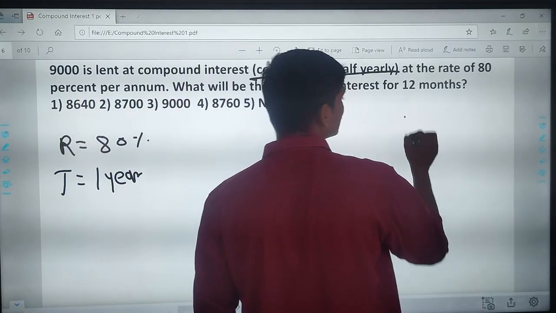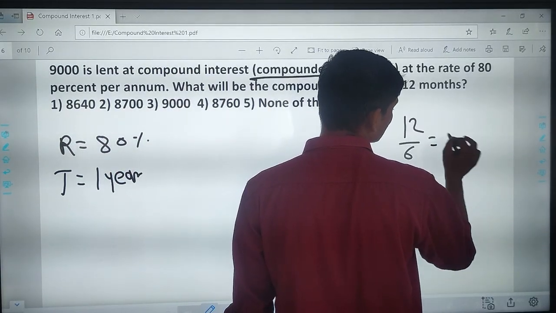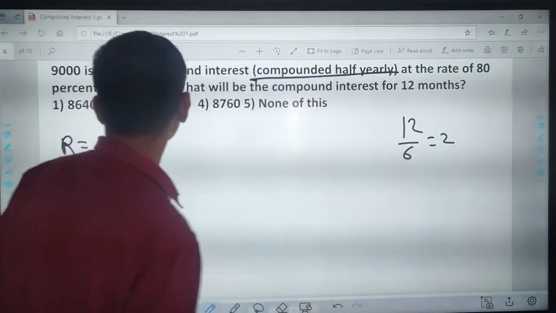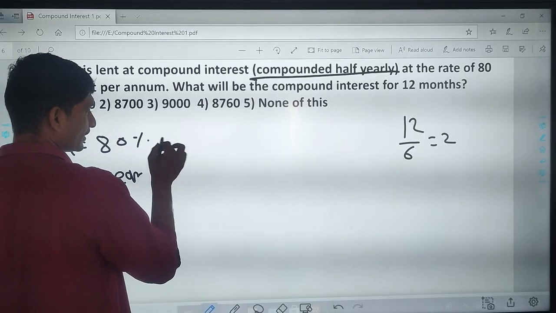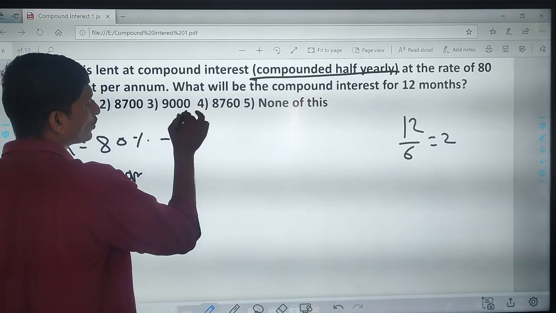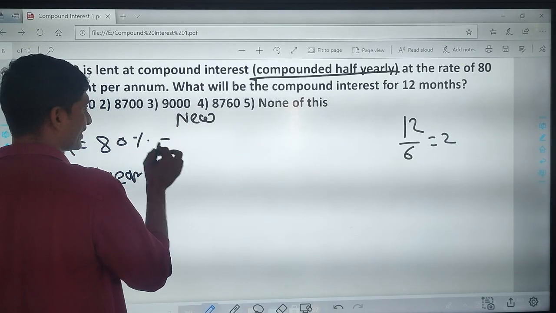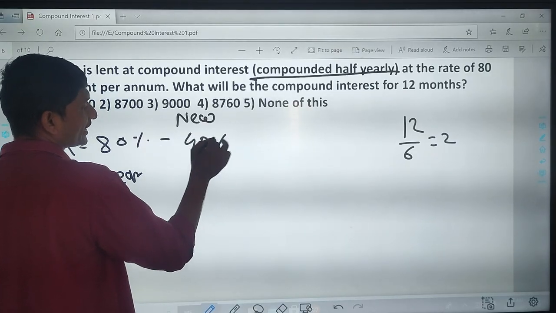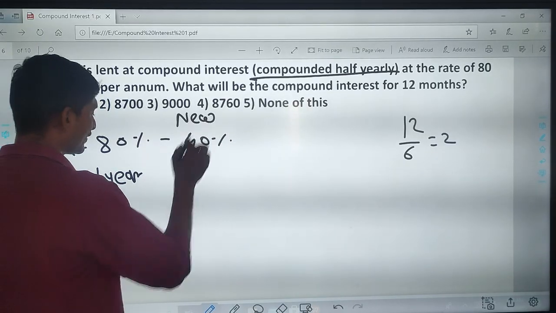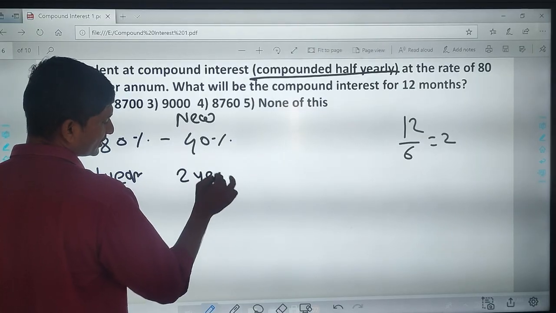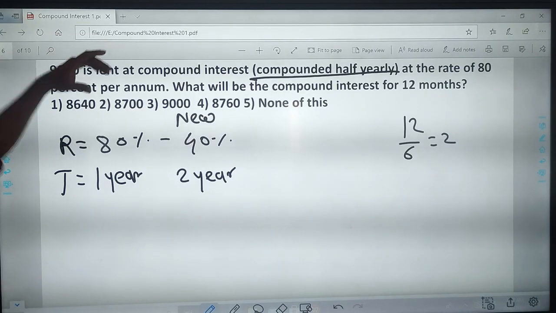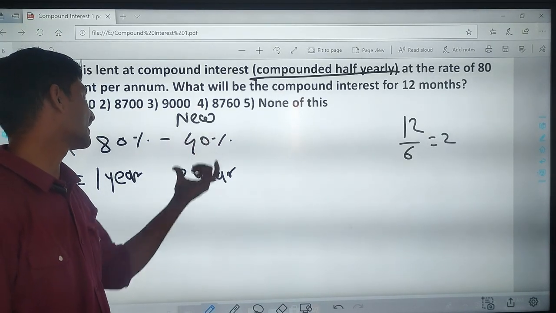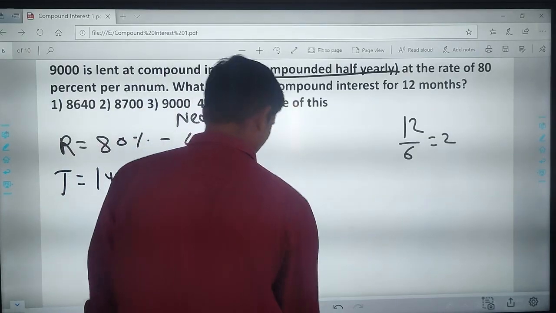Compounded half yearly means 12 divided by 6 is equal to 2. If you divide the rate by 2, the new rate is 40%. 80 divided by 2 is 40, and new time is 2 years. Now here we find the compound interest for 9,000 rupees at 40% interest for 2 years.